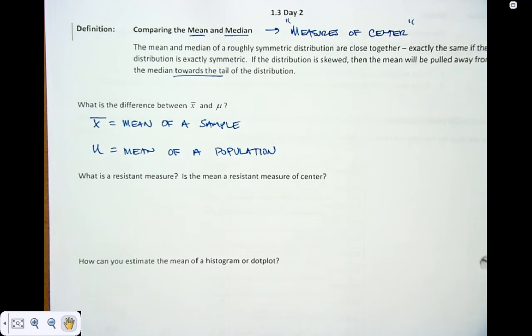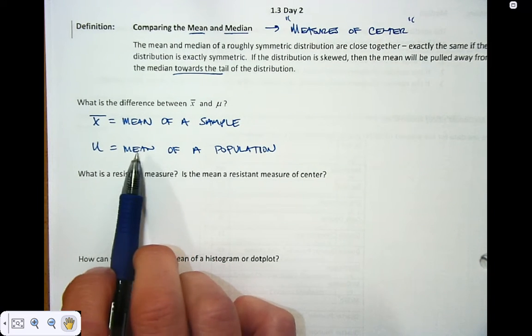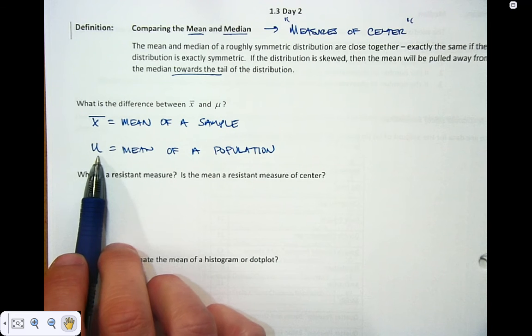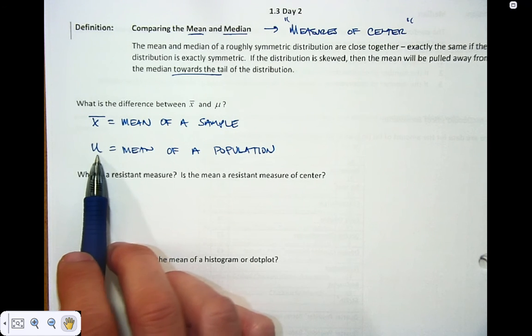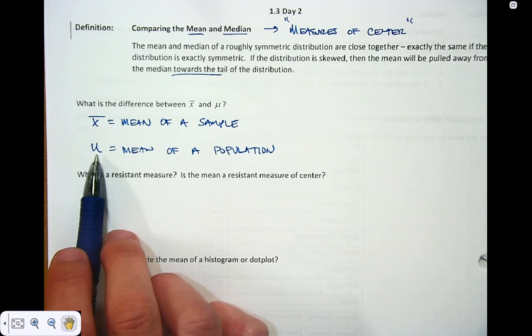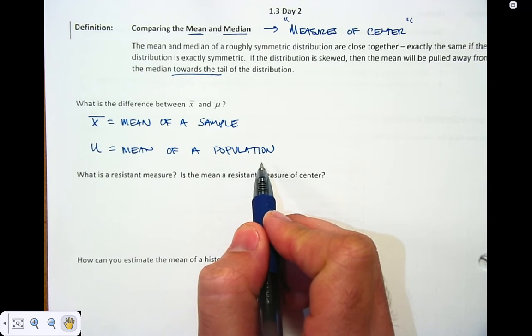Let me give you some context here. Let's talk about Grossmont. Grossmont High School has a particular number of kids. If we went into the system and took every single GPA of every Foothiller currently enrolled, and we got the average, that would be the mean of the population. So the population would be the entire high school.